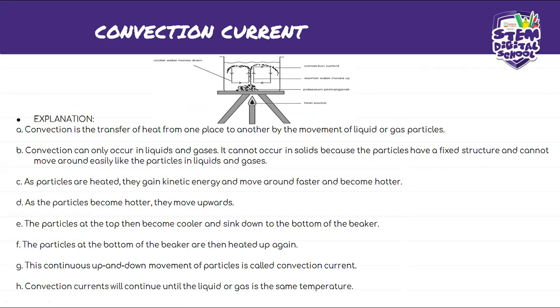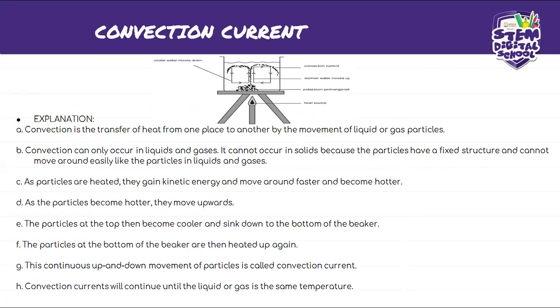All right, this is just an explanation that I've given you before. As we said, convection is the transfer of heat from one place to another by the movement of liquid or gas particles, and it occurs only in liquids and gases.